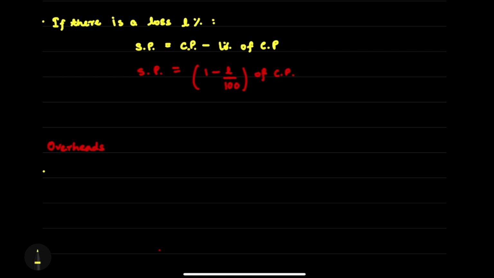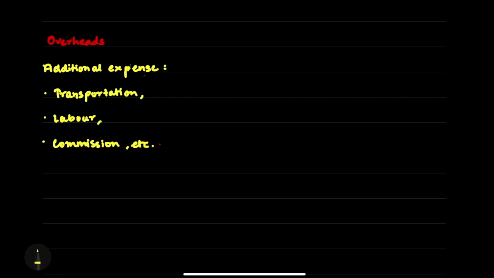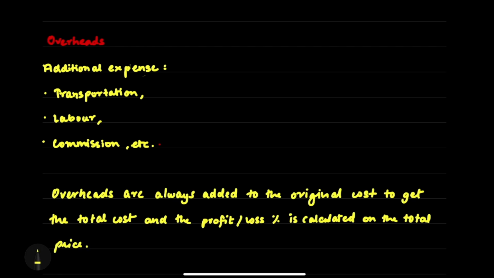It also includes a lot of variable aspects, like transportation, labor, commission, etc. Therefore these overheads are included as part of the cost price whenever we are trying to calculate any sort of loss or profit percentages. So the rule of thumb is overheads are always calculated and added to the original cost to get the total cost, and the profit or loss percentage is calculated on the total cost.